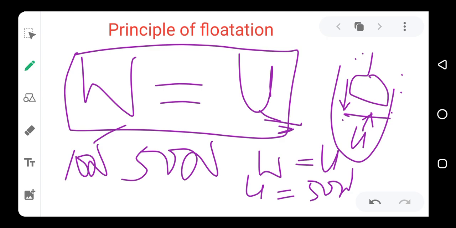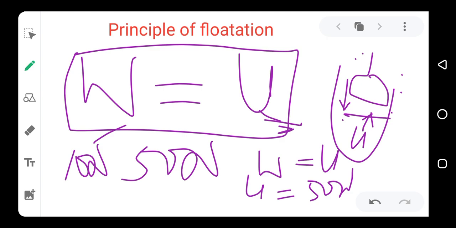In another way, if they say that the upthrust in a liquid is 5 Newton, and you should calculate the weight of the object if the object is floating in the liquid, you don't have to do much calculation here.